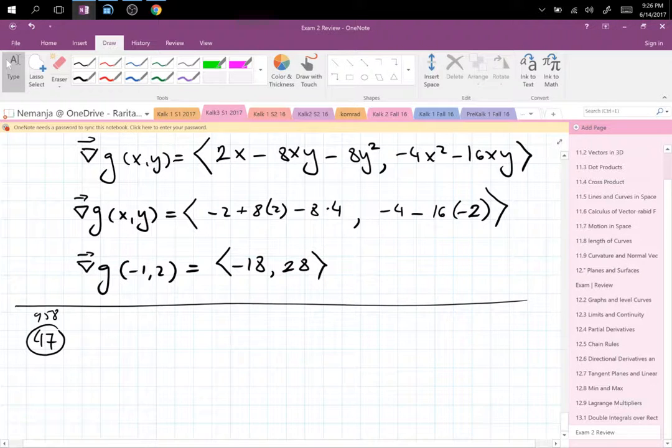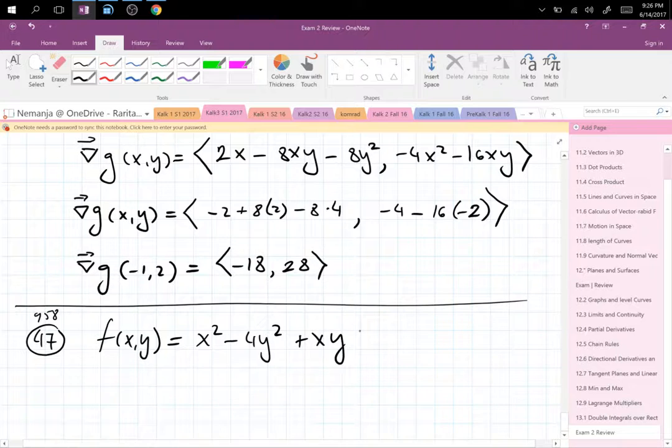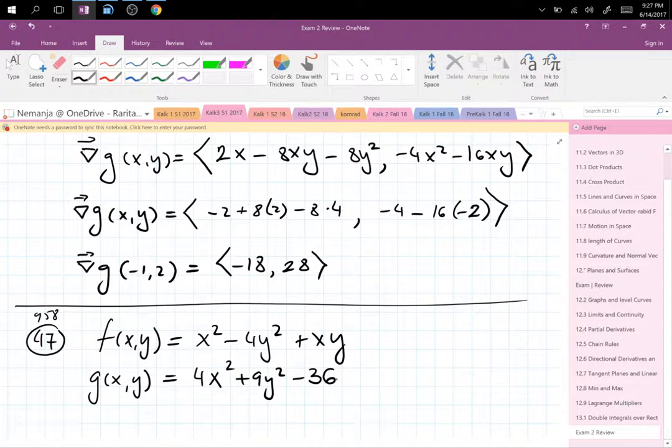So we have our f of xy. So this is one of the problems where we just grind. All right, so this is not exactly how the problem was posed. The problem is actually a two-part problem.